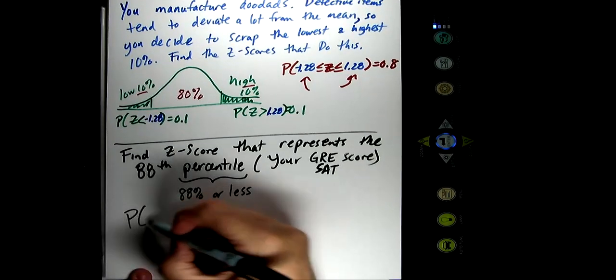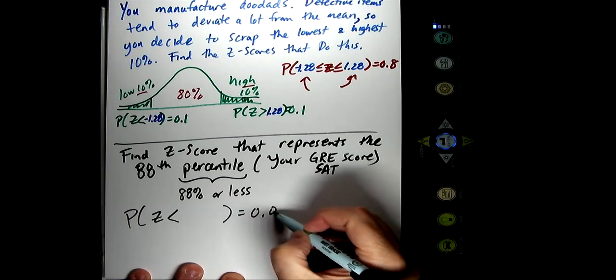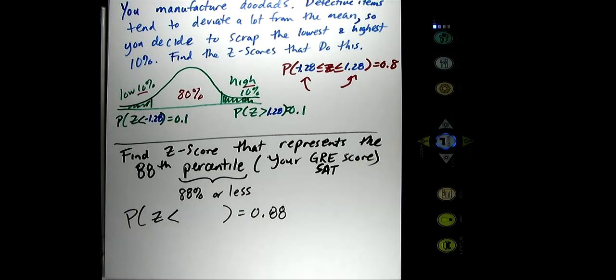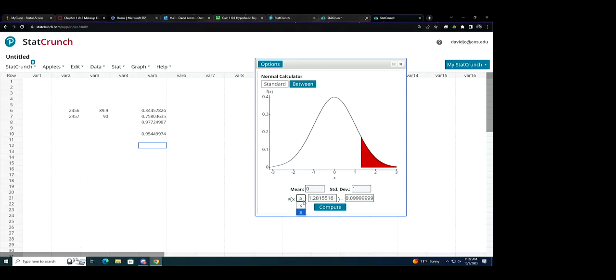So we're going to do probability Z is less than, and we'll do 0.88. We want standard, we want less than, and we want 0.88.